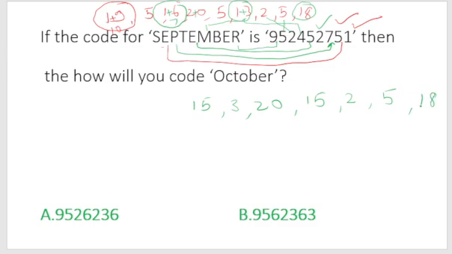R is 18, so 1 plus 8 comes first, which is 9. Then 5, then 2, then 1 plus 5 is 6, 2 plus 0 is 2, then 3, and 1 plus 5 is 6. So the code is 9, 5, 2, 6, 2, 3, 6.